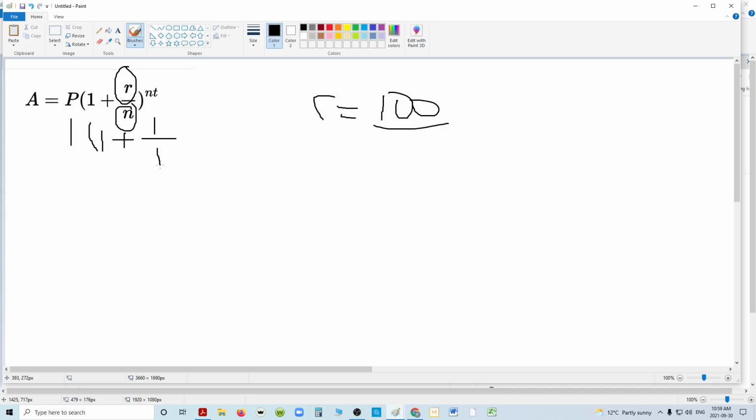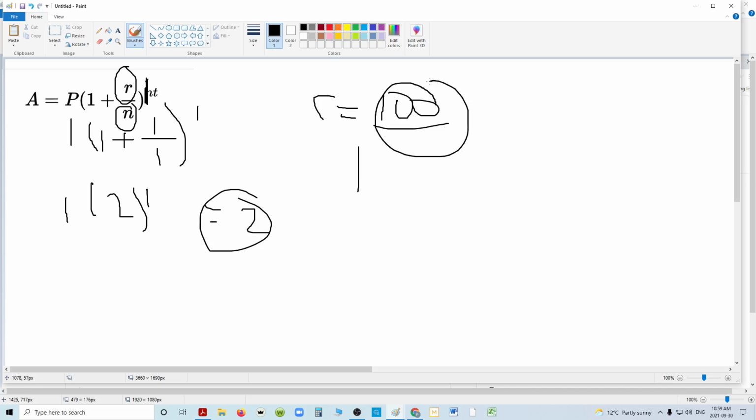Well, I'm only going to compound it once. And since the n is 1 here, it's 1 here. Your t, I'm only going to give you this $1 for 1 year. So I'm going to make everything 1. So what's the middle? 1 plus 1 over 1. Your principal times 2 to the power of 1. It's clear your $1 became $2, which makes sense. I gave you $1. I give you 100% investment rate. And at the end, you've made $1, which is 100% more than your investment.